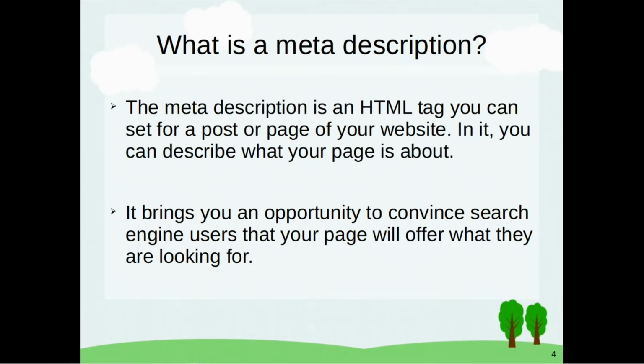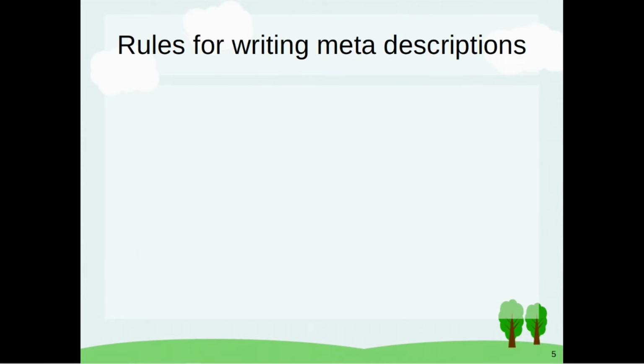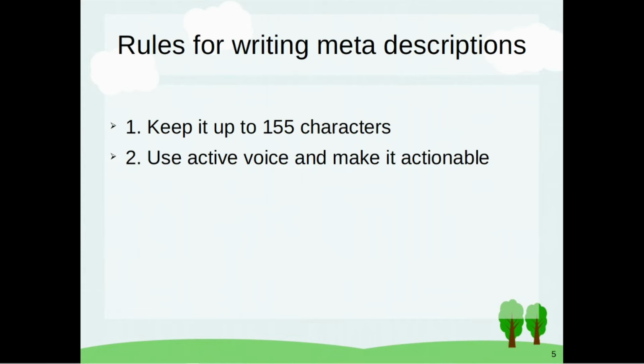Next, we will see the rules for writing meta descriptions. The first and foremost rule is to make sure that your meta descriptions are within 155 characters. The next one is to use active voice and make it actionable.